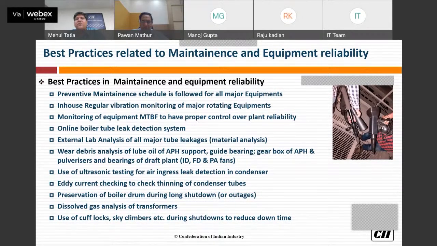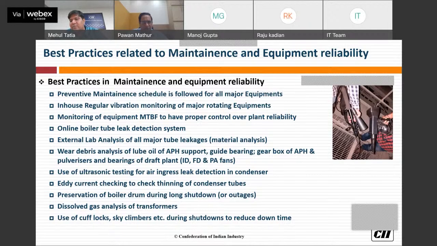Lastly, I have listed down a few practices in terms of maintenance and reliability, how you can improve that. Preventive maintenance schedule should be followed, regular vibration monitoring, monitoring of MTBF for your equipments, online boiler tube leak detection system, external analysis of all major tube leakages.